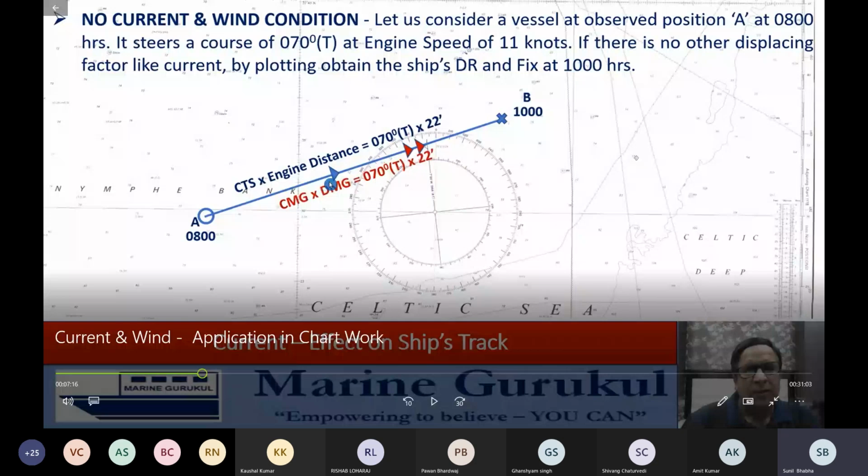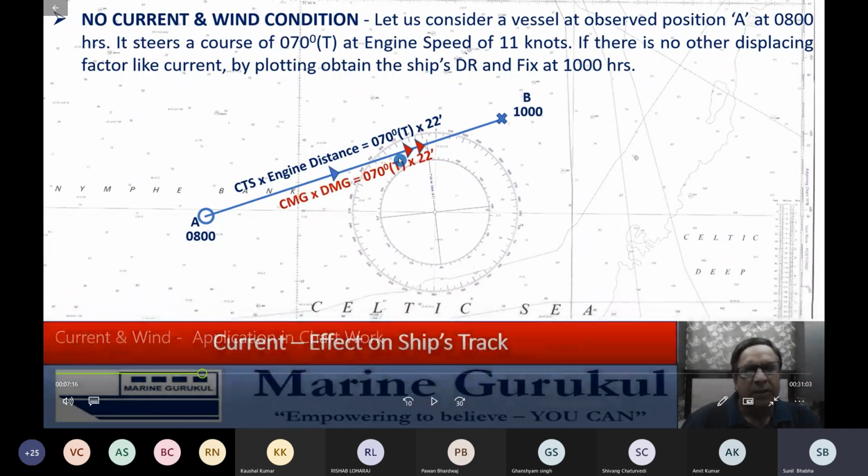If you remember, I had shown you the symbols: a CTS vector is represented by a single arrow. That's why you see a single arrow being marked here. Since there is no current and no wind, this is also our course made good, that is our course over ground, one and the same thing.